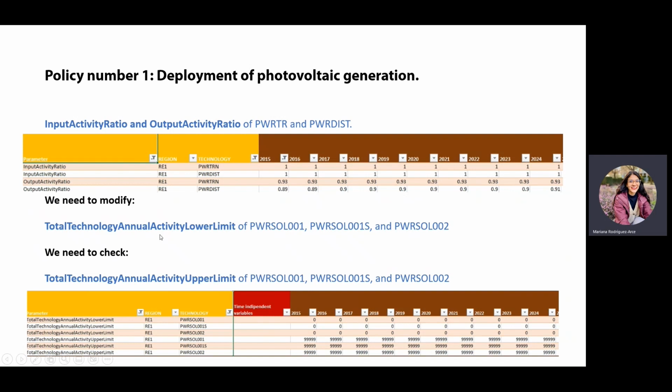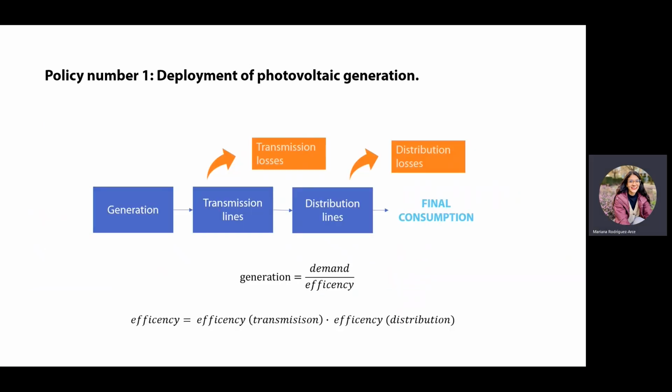And we always need to check the total technology annual activity upper limit of the technologies that we are going to modify. Remember that the demand divided by the efficiency give us the generation, and this efficiency considers the whole system efficiency. So it's considering also the efficiency of the transmission lines and the distribution lines, which is given by multiplying the transmission and the distribution efficiencies.